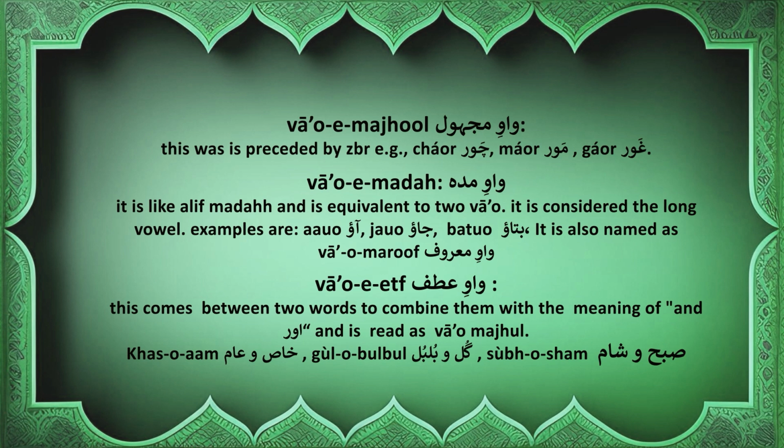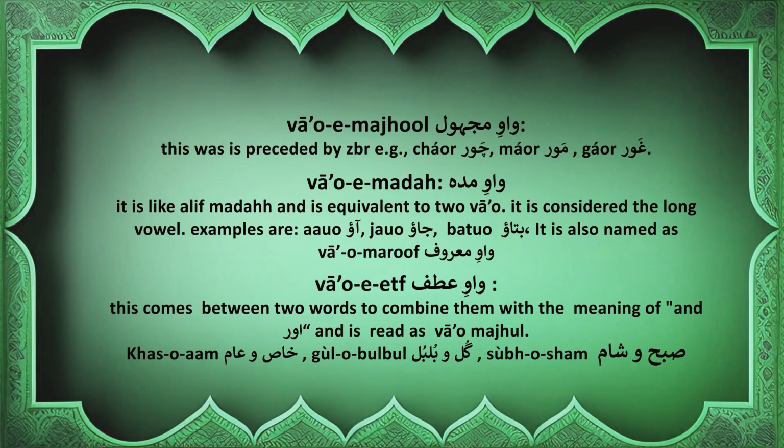Okay, what is the difference between vav majhul and madda? In vav majhul we shorten the sound, and in vav madda we make the sound long. And we have another type of vav that is called vav atf.